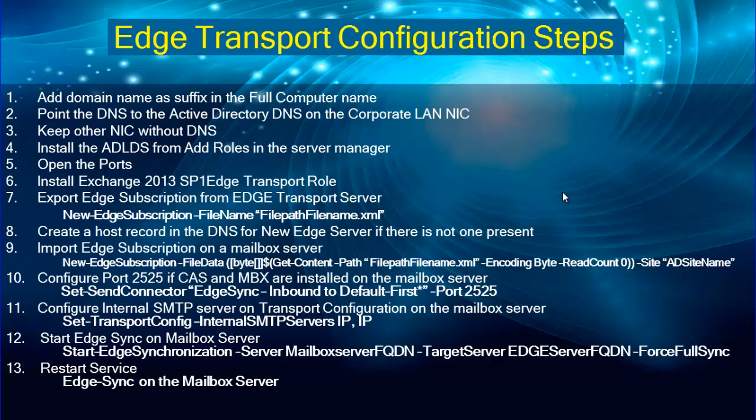Come back to the DNS properties. Like I discussed, you will mostly have two NICs. On the corporate NIC, configure the DNS. Keep the other NIC, the internet network interface card, blank for DNS. Just give the IP, and the gateway.